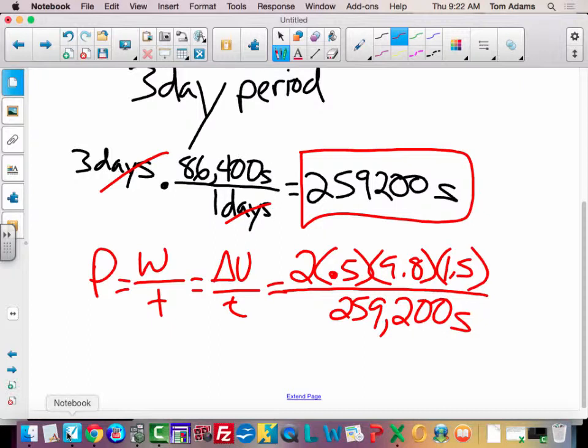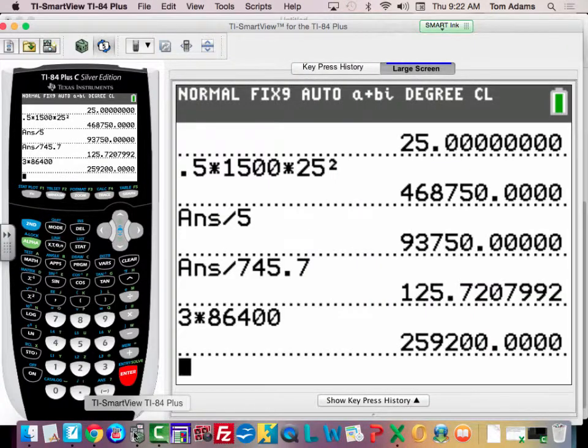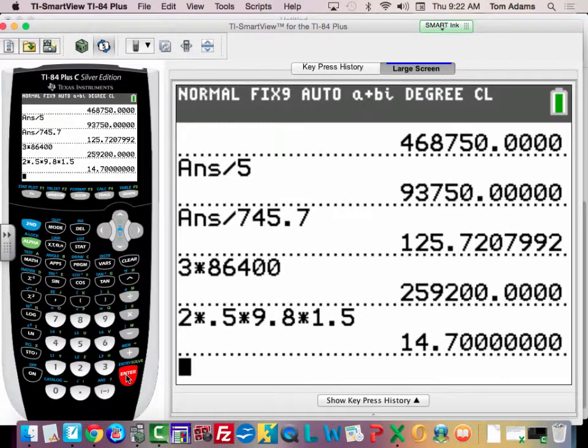All right, so let's plug that in our calculator. We have 2 times 0.5 times 9.8 times 1.5, 14.7. That's the change in potential energy, in joules, divided by 259,200.